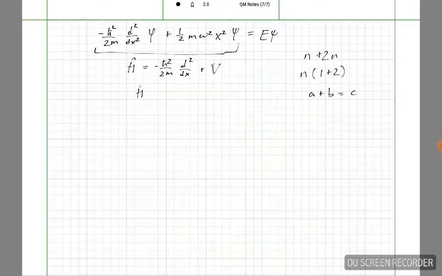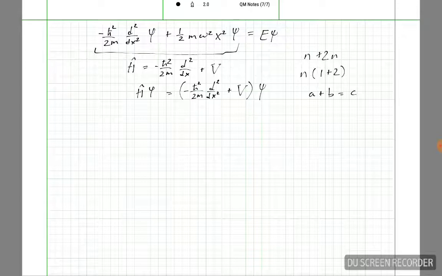My Hamiltonian operator acting on psi is just this guy. So h bar over 2m, and then the second derivative, and then the potential acting on psi.